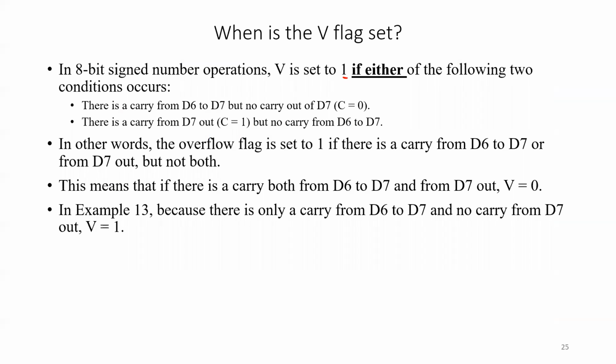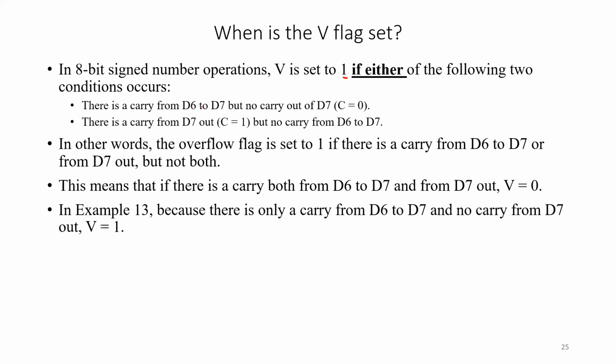So this is the reason. Again, the V flag will be active high in one of the following two conditions, not both of them together, just one of them, which is either a carry from D6 to D7, which is similar to our previous example.